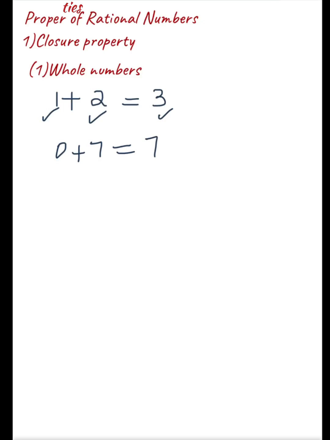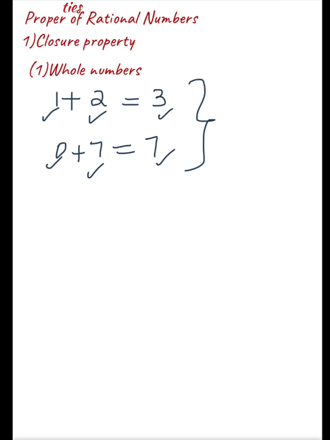It's again 7. So here I am adding any two whole numbers and the answer is also a whole number. That means you can say whole numbers are closed under addition. If you are adding any two whole numbers and the result is also a whole number, then whole numbers are closed under addition.